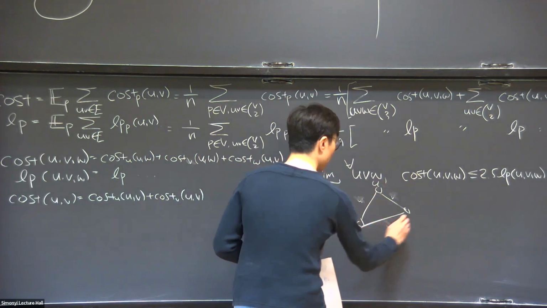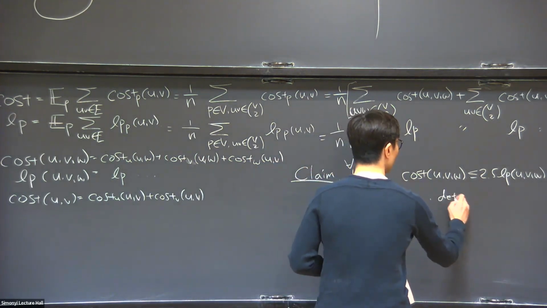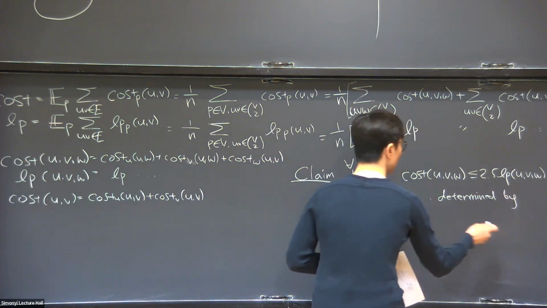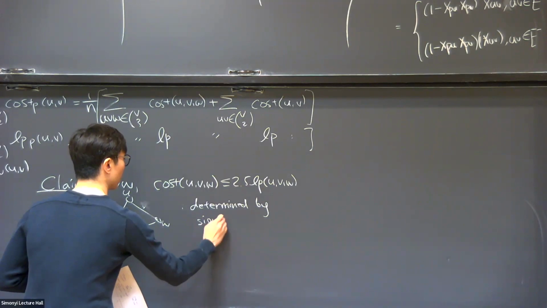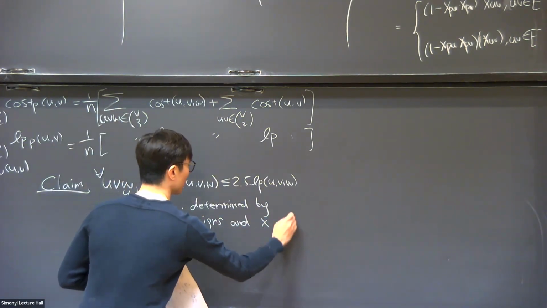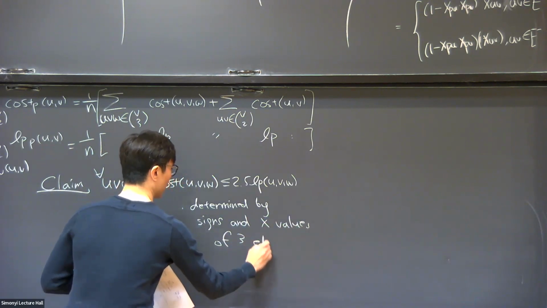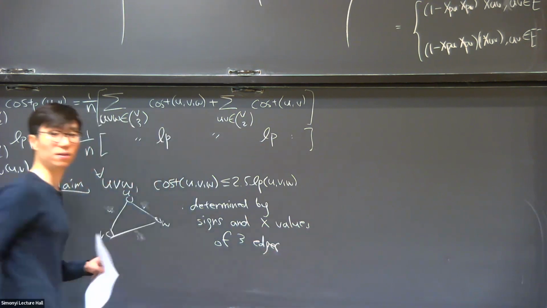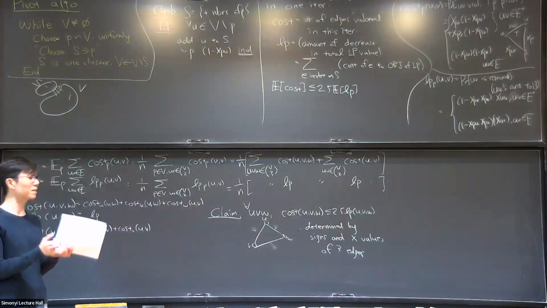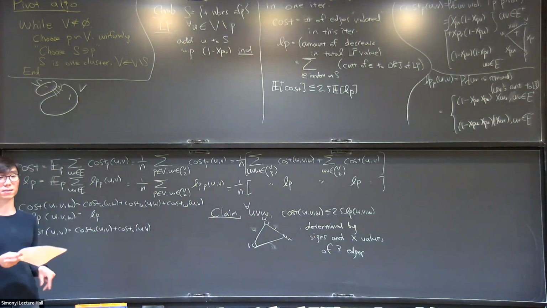So it's determined by signs and X values over those three edges. That's why I kept saying that everything will be reduced to 6 variables: the signs of 3 guys and the LP values for 3 guys.